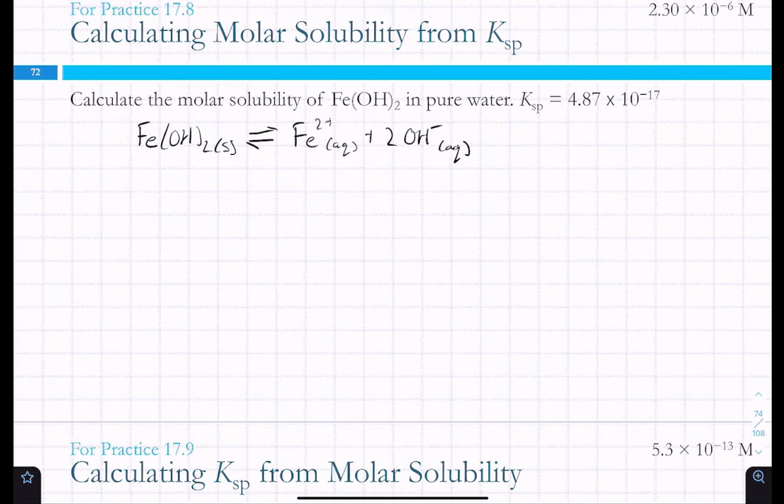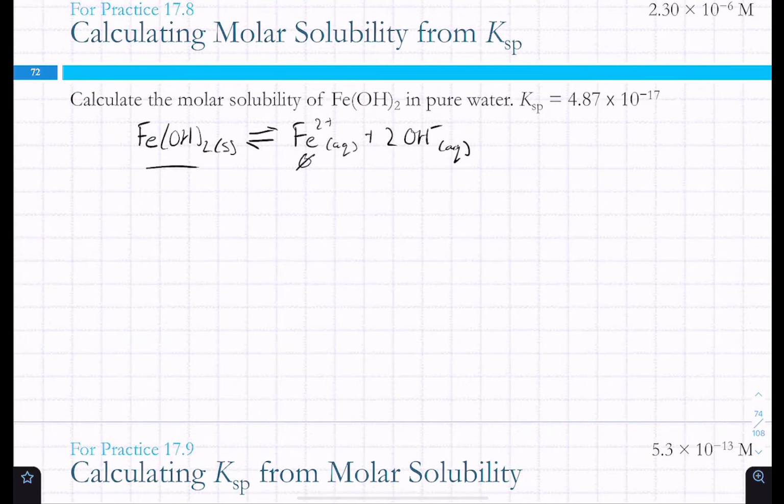So you'll probably skip ahead and see where this is going a little bit at least. But definitely, since this is the first one that we've done that produces really 3 ions in solution.